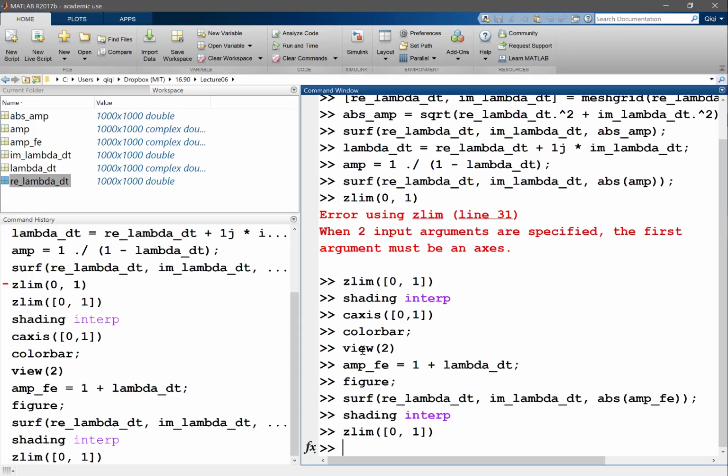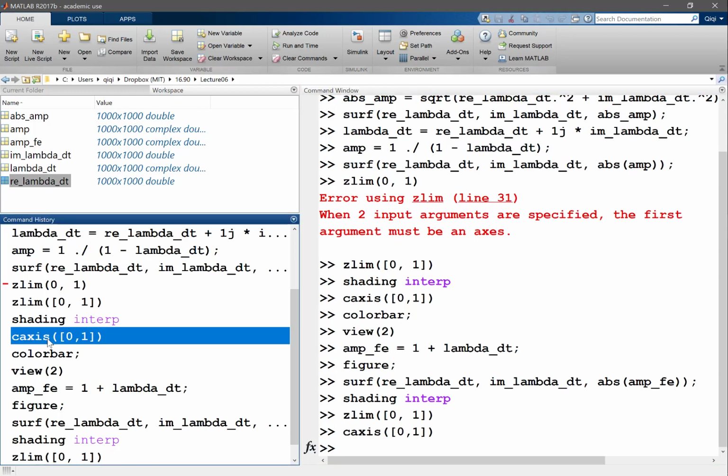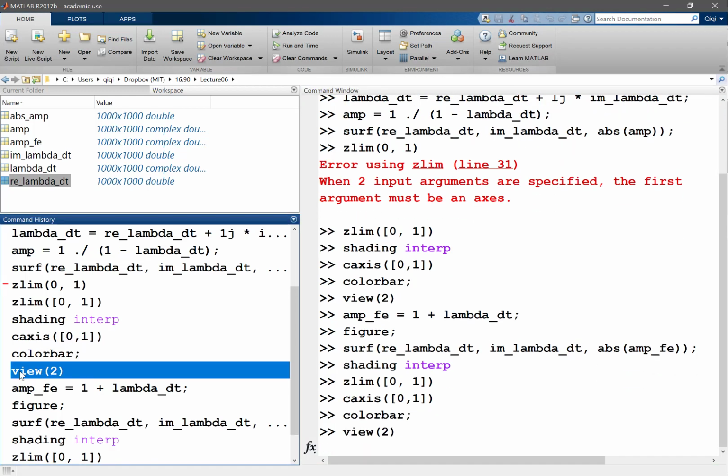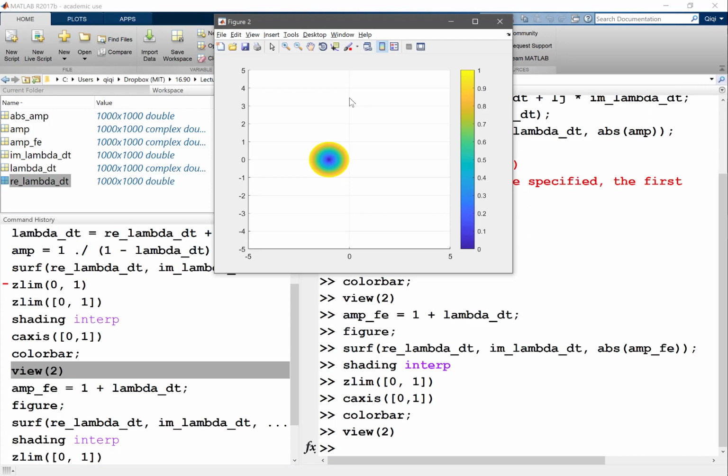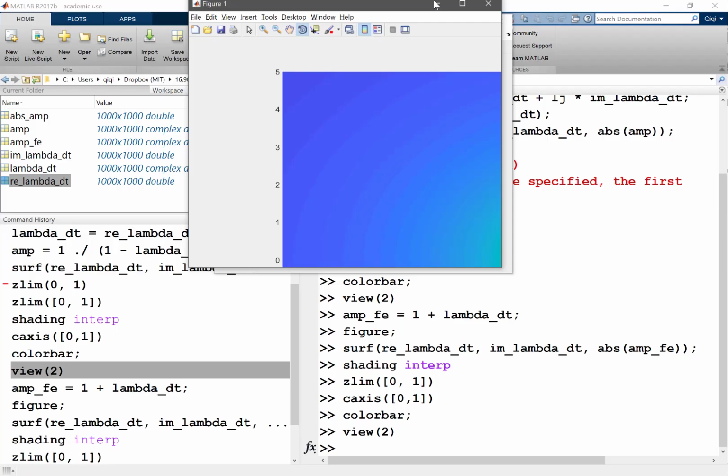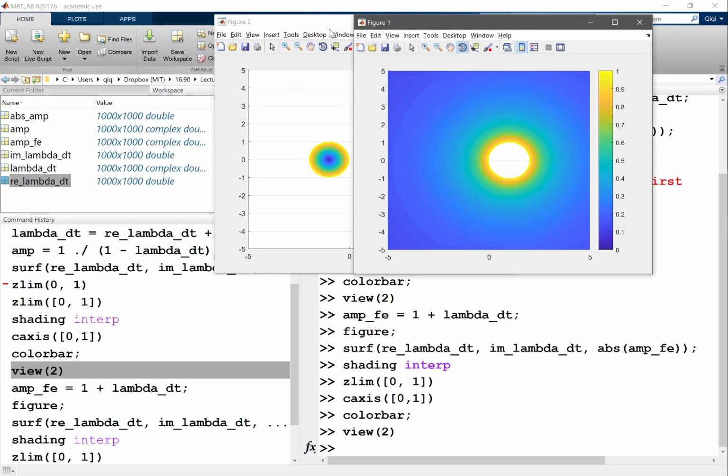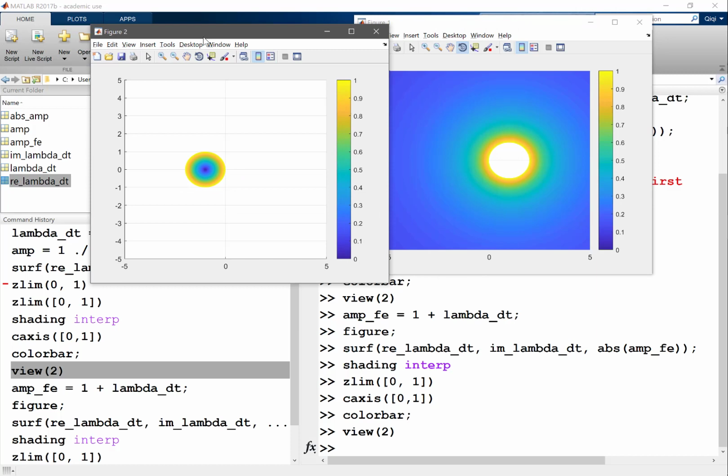So if I do the same thing as I did before, like z-axis, color bar, and view 2, what I get is this. So that is the stability region of forward Euler, as opposed to this guy, much bigger, backward Euler. Forward Euler, backward Euler, very different.